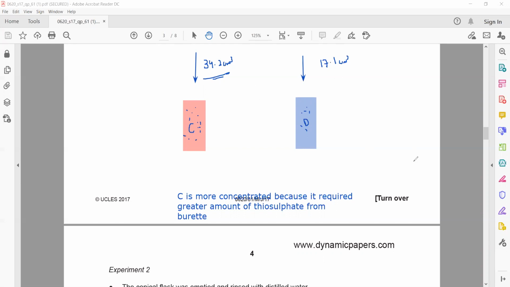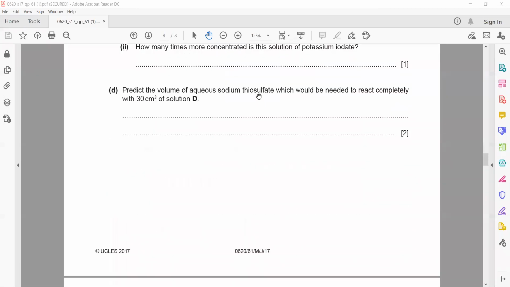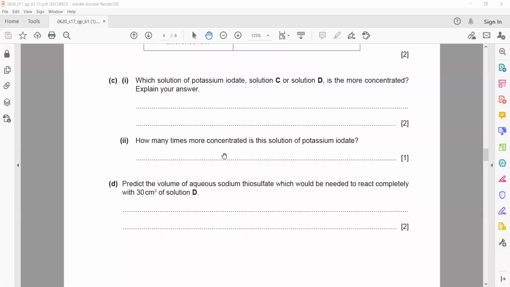Then how many times more concentrated is this solution of potassium iodide? When you are comparing, C required 34.2 cm cube of thiosulfate, but D only required 17.1 cm cube.